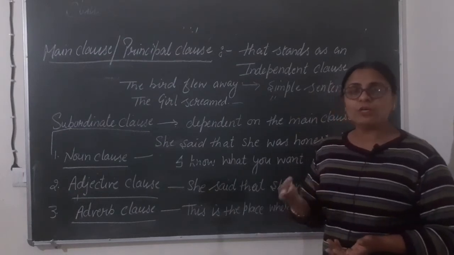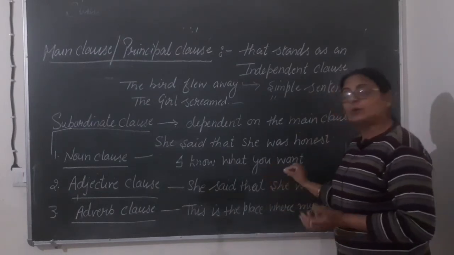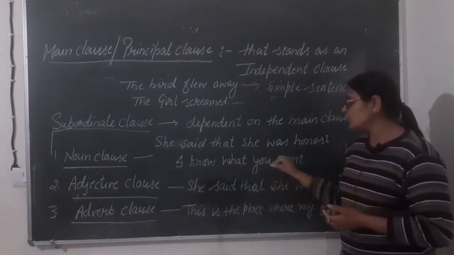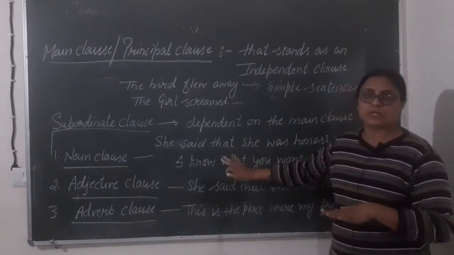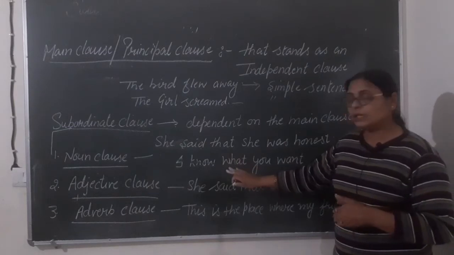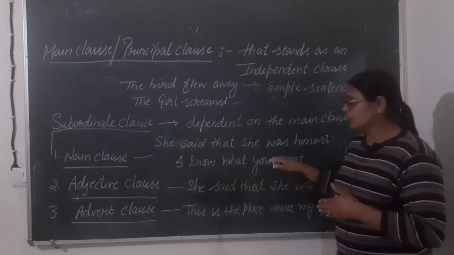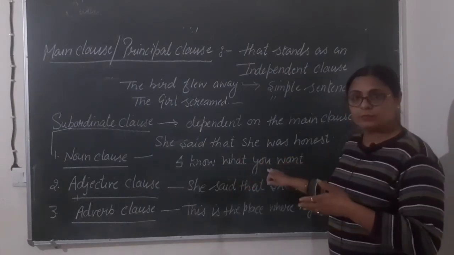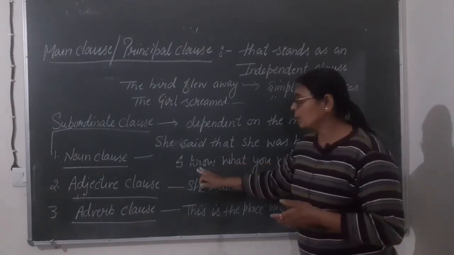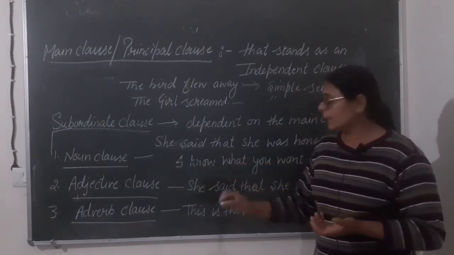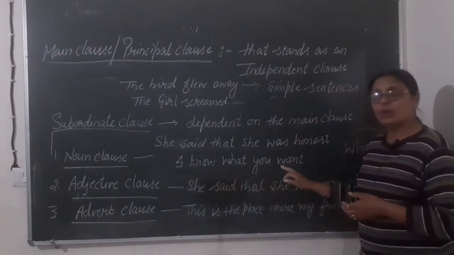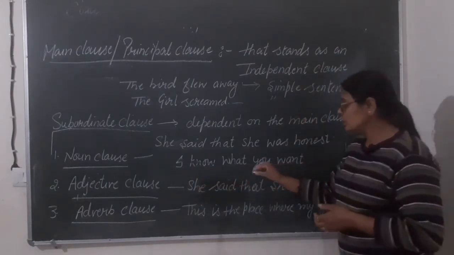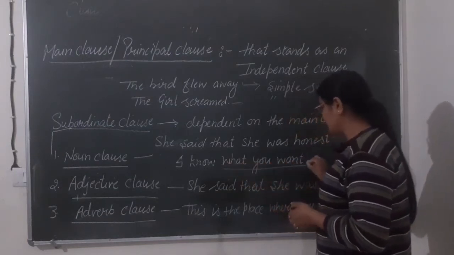That what he wants or what you want. Fine. Here what is given? We will not see this what, because this is working as another subject or another clause. I know what I know. Here this is the question, and the answer of this what we have is: what you want. Okay, so this is our noun clause.